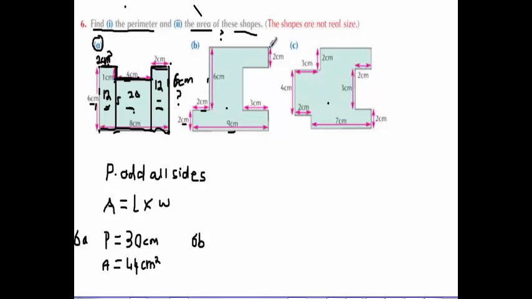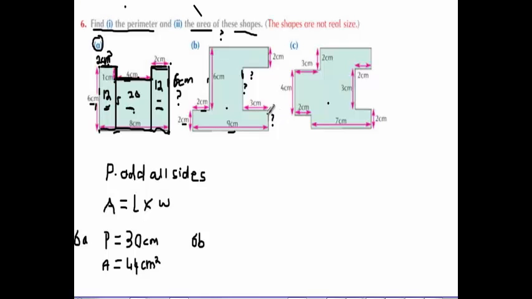I have a value for this line here, that's 2 centimeters. I have no value for this one, so put a question mark. And I don't have a value for this line either, so I can put a little question mark there. I know that this one is 3 centimeters, and I have nothing here for this one, so let's just put a little question mark there.